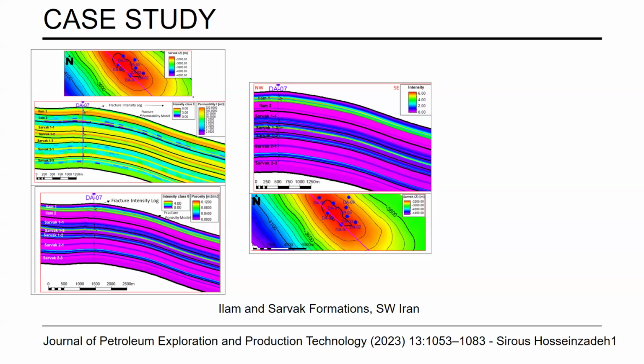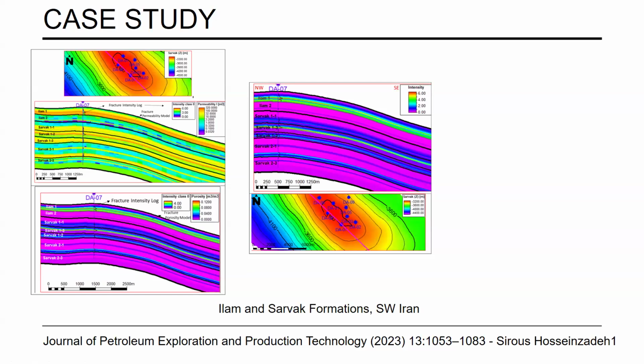If you have discrete logs of that fracture intensity, they have then used it, upscaled that information in the model, and populated it. You can see in the image over here that the fracture intensity and the porosity actually correlate with each other, and it is the same over here with permeability and intensity.